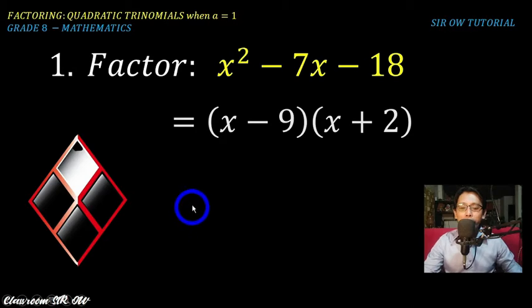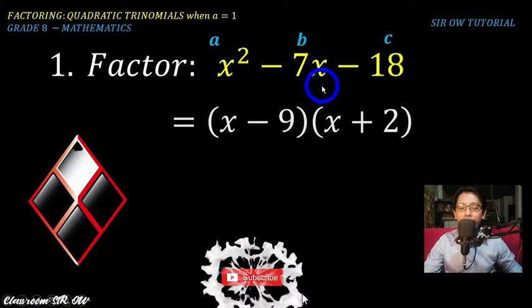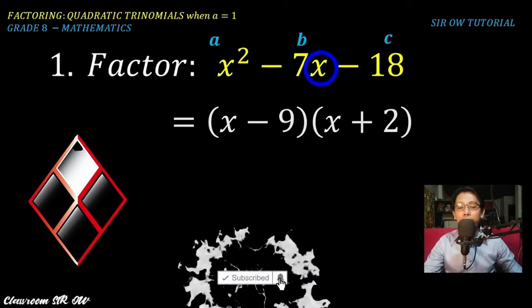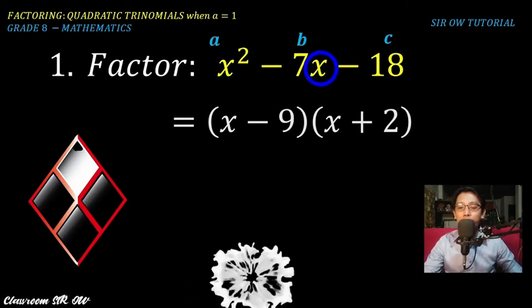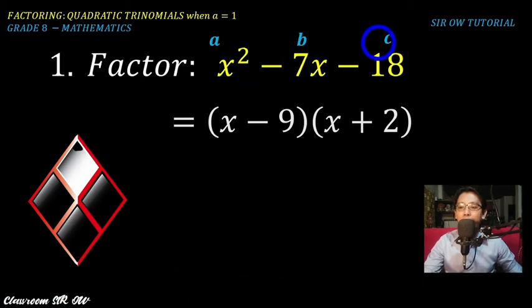Let us recall the parts of the quadratic trinomial. The coefficient, or the number beside the quadratic term, is the value of a. The number beside the linear term, x, is negative 7, which is the value of b, and our constant is negative 18. Why did I recall this?